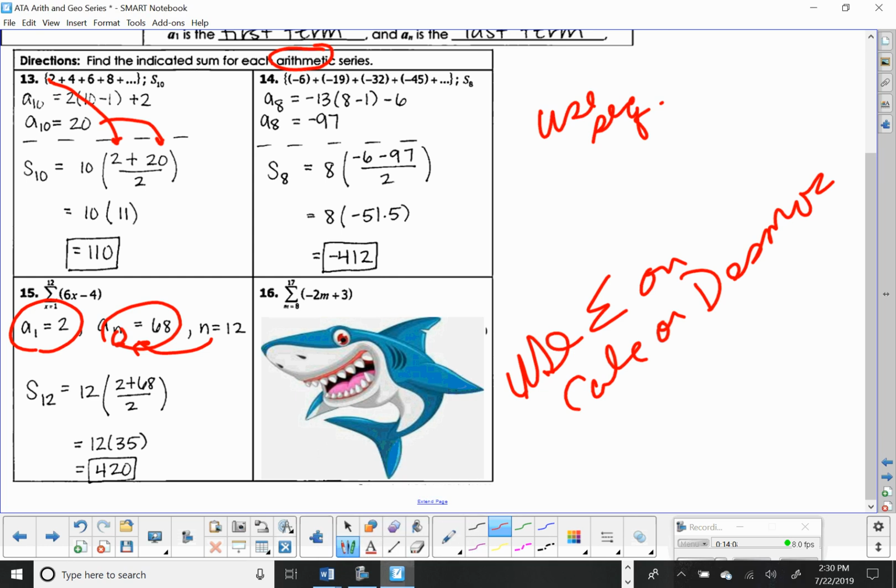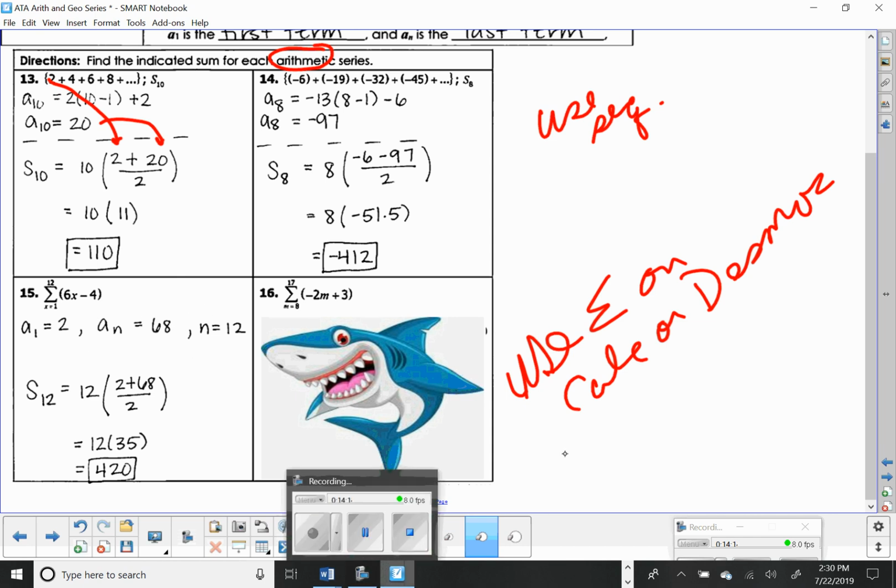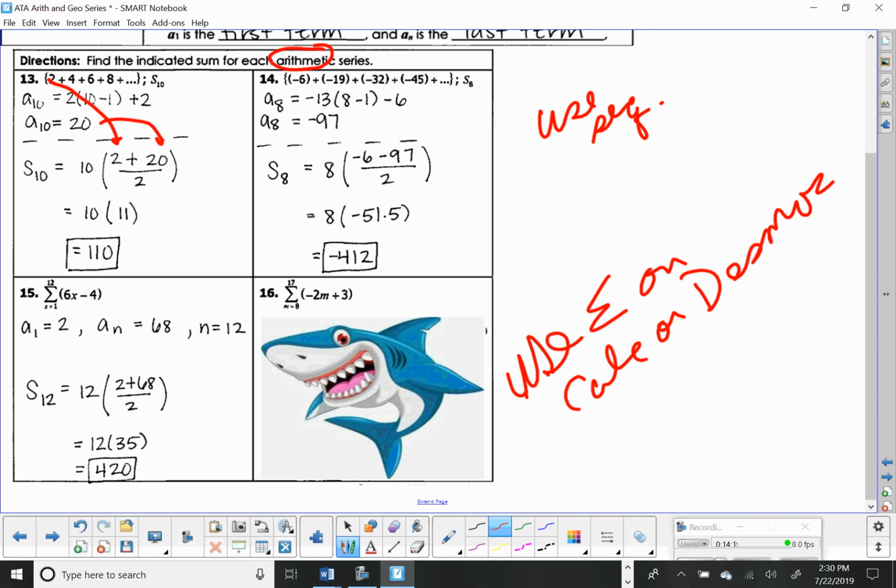The main thing that this one is doing is showing you that even if you've got a summation notation, if you weren't allowed to use a calculator that had the summation notation on it or Desmos, you still wouldn't have to do 12 calculations, 13 calculations to get your final answer.